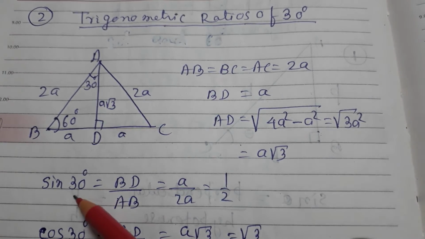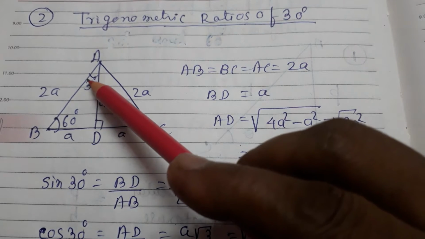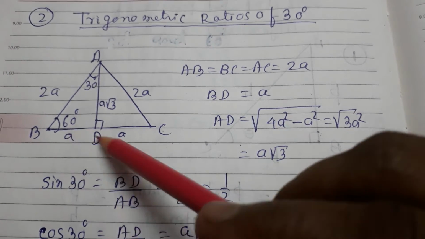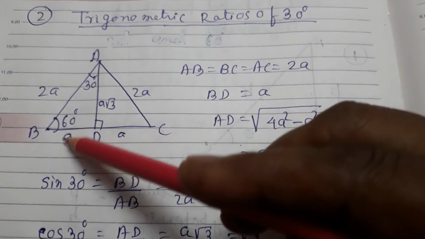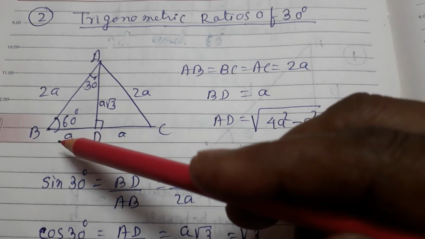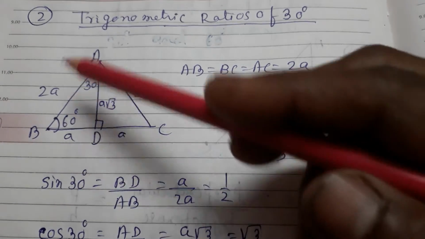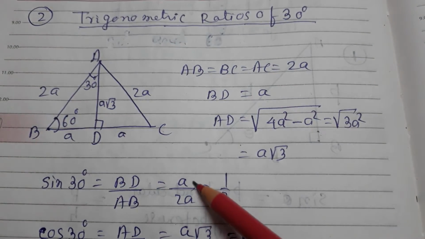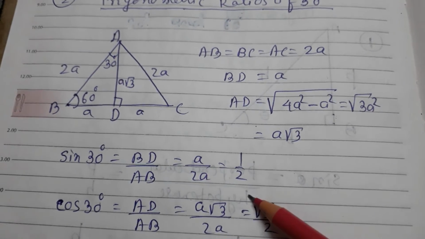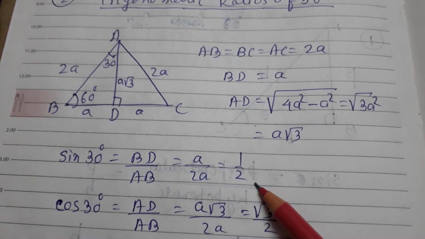Now sin 30 degrees. This angle is 30 degrees and the side opposite to the 30 degree angle is the perpendicular. So sin theta equals perpendicular by hypotenuse, meaning P by H. So BD by AB, so it is A by 2A, and A cancels, half. So sin 30's value is half.